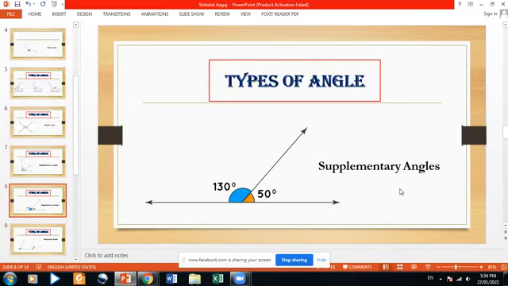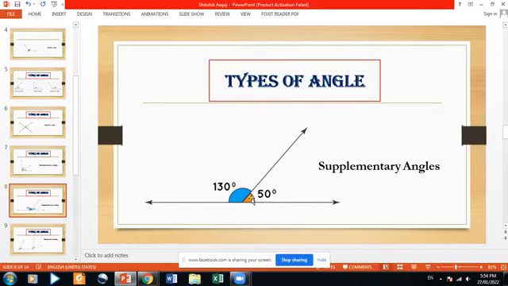These are another type of angles. They are known as supplementary angles. If the sum of the given measurements of two angles is 180 degrees, they are known as supplementary angles.